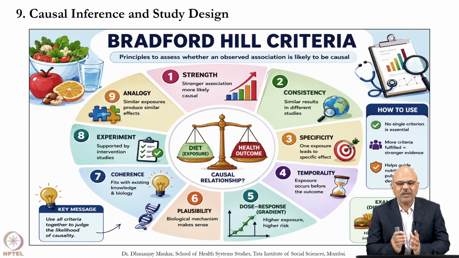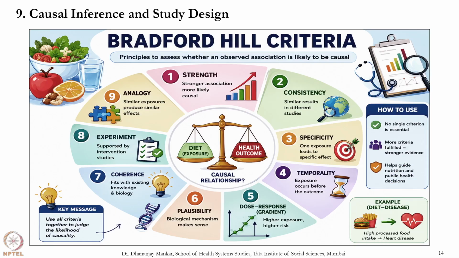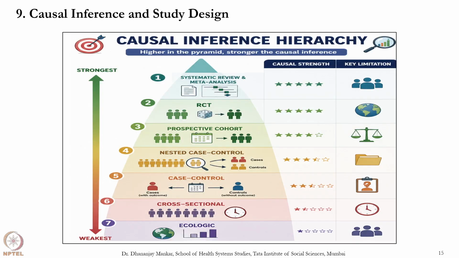What I can say here is that there is no single essential criterion. Multiple criteria have to be fulfilled, and this helps guide nutrition and public health decisions. For example, high processed food intake association with heart disease: this is how you can use the Bradford Hill criteria to understand causal inference.